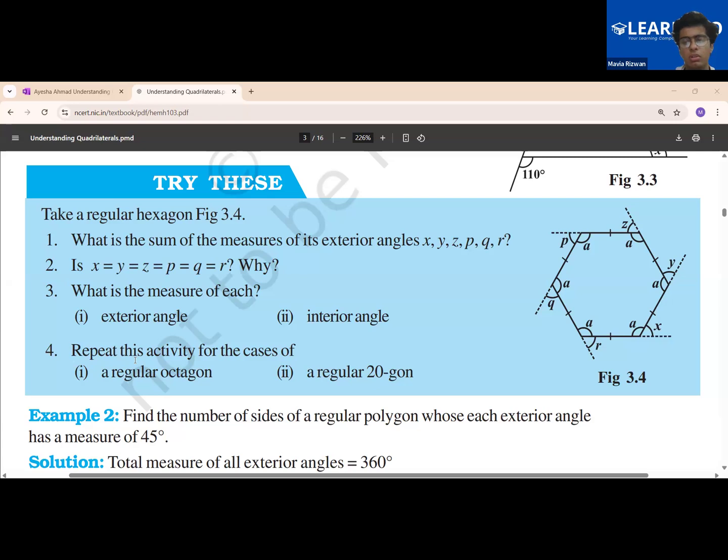Sir, I'm not able to do this. Okay, Aisha, see. They are saying find the number of sides of a regular polygon whose each exterior angle has a measure of 45 degrees.